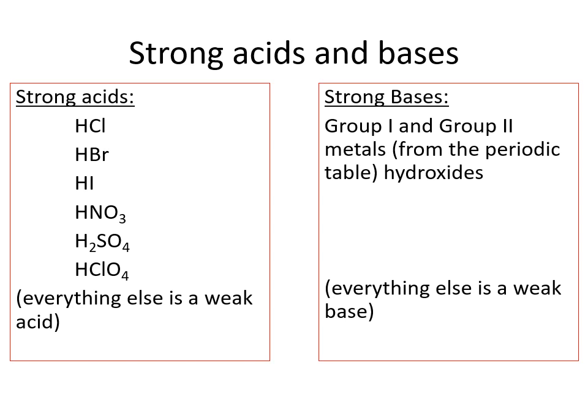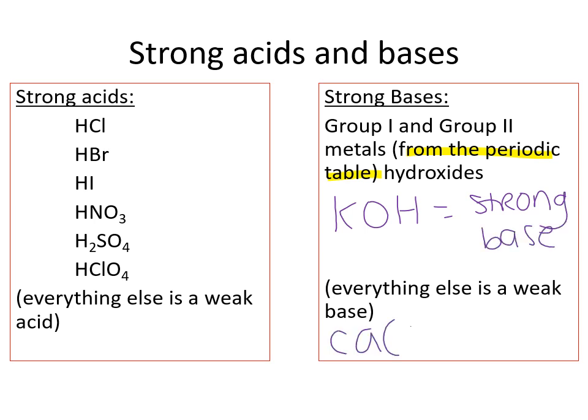And then strong bases are group 1 and group 2 metals. What do you mean group 1 and group 2? From the periodic table, like column 1 and column 2. So KOH, K is in group 1, it's a strong base. Calcium hydroxide, Ca(OH)2.